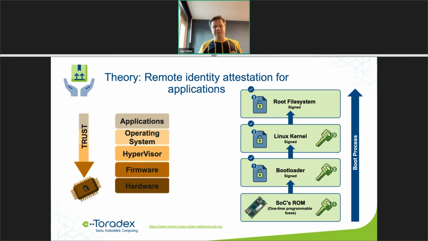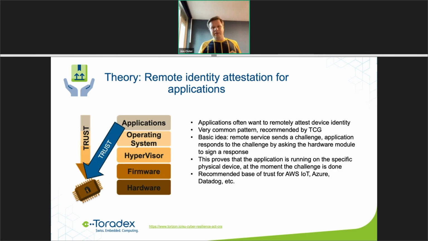So what we'd like to be able to do is circumvent this, and in the cases where we need to do it, have our applications trust the hardware root of trust directly. And it turns out we can do that.